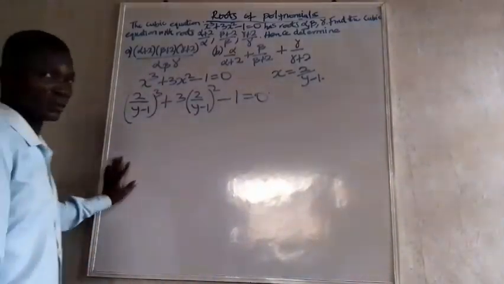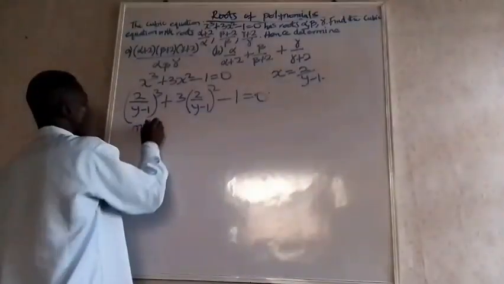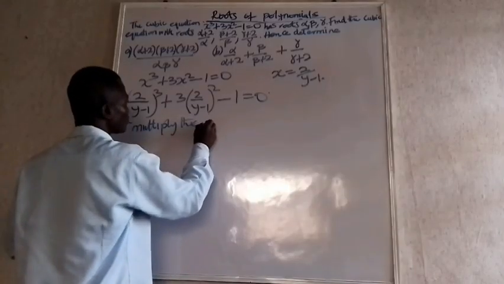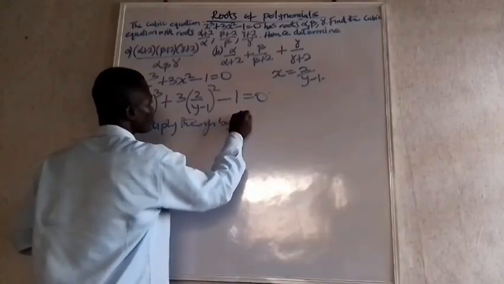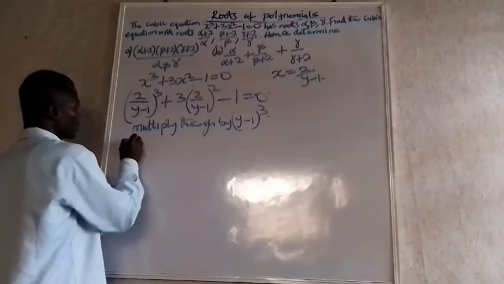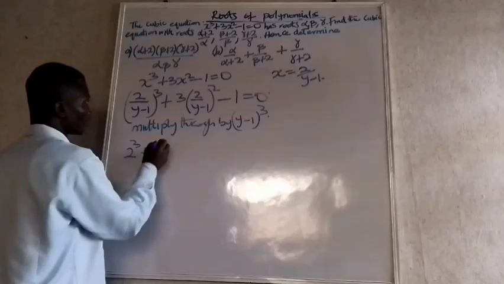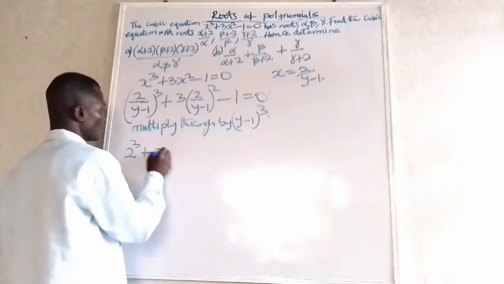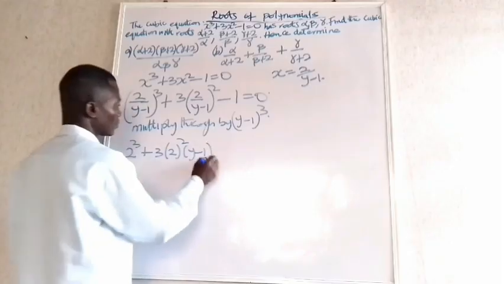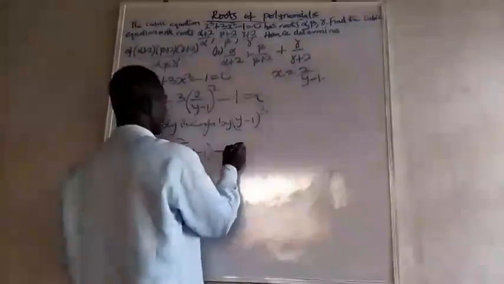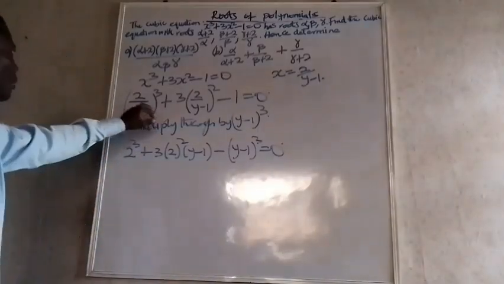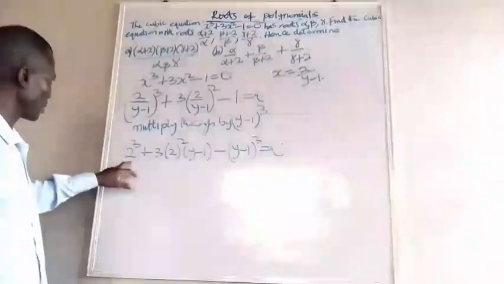Now let's multiply through by y minus 1 cubed. So that's going to give me 2 cubed plus 3 into 2 squared into y minus 1 minus y minus 1 cubed equals 0. You know, y minus 1 cubed times this is going to give me this. This squared is going to give this.